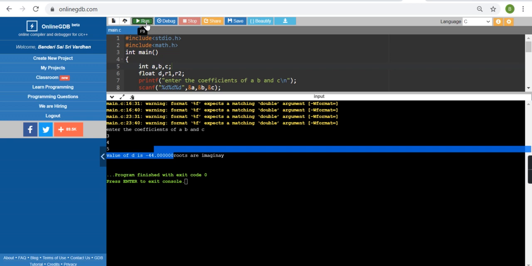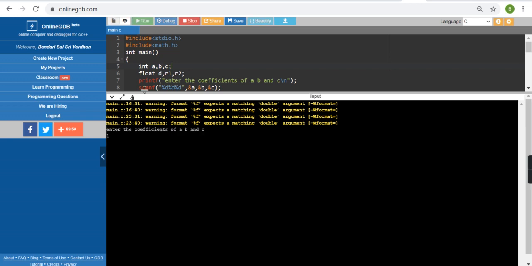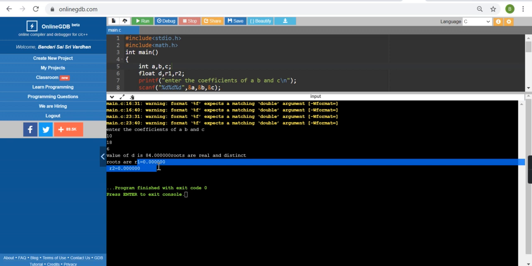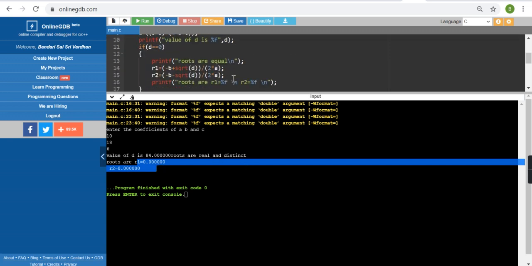For example, if we enter the values 10, 18 and 6, 10, 18 and 6, right, here you can find the values. Roots are real and distinct, and R1 is 0 and R2 is 0. Sorry, why am I getting this?